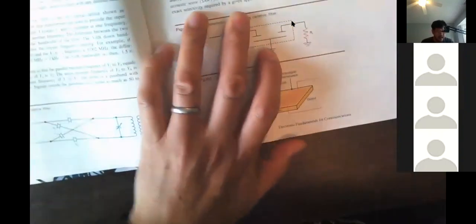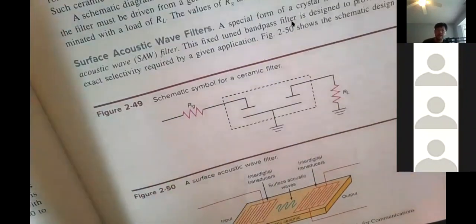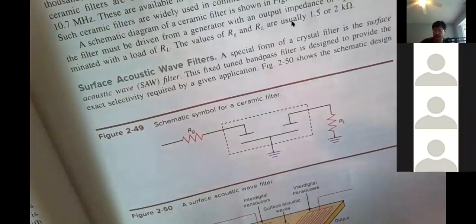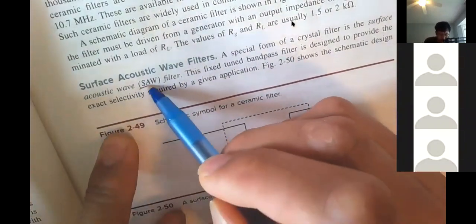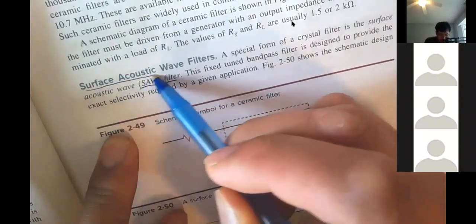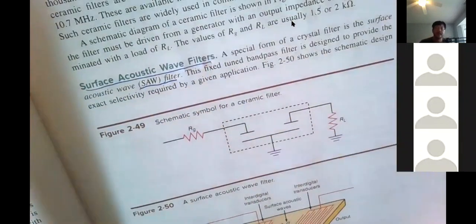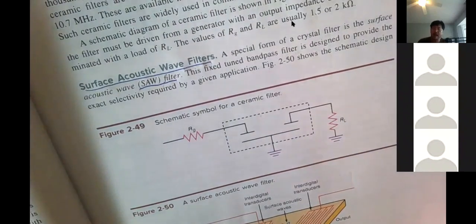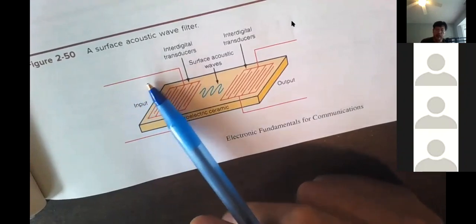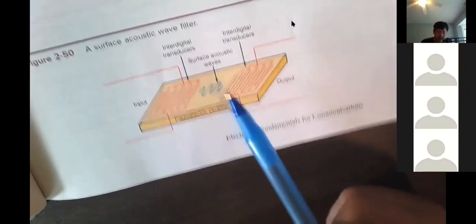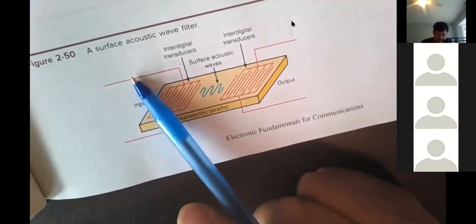There are also other high quality filters. When I was a student, we had a couple more, but those are all obsolete, so we only introduce two. This is called a SAW filter, surface acoustic wave filter, another alternative high quality filter. This is how it works. Many of these types of filters work similarly.